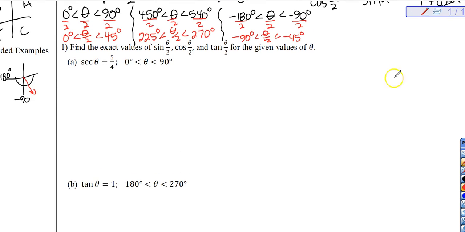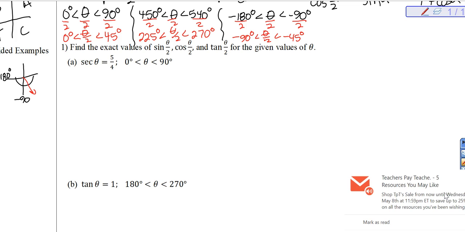All right. So let's take a look at this problem. It says find the exact values. Clue, that says exact. No decimal approximations. Exact values of sine of half theta, cosine half theta, tangent half theta for the given values of theta.